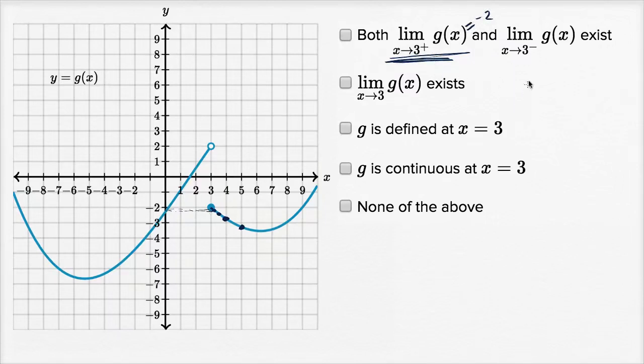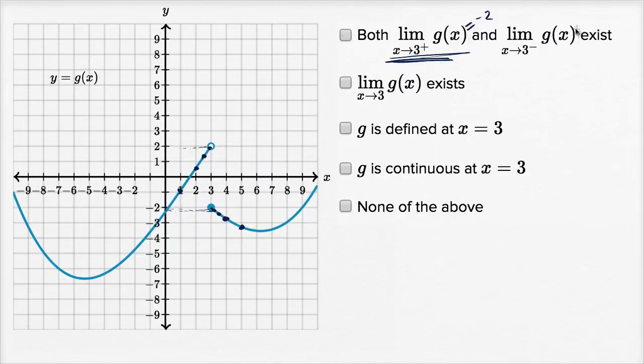And I'll think about it from the left-hand side. I can start here. g of 1 looks like it's a little bit greater than -1. g of 2 is less than 1. g of 2.5 is between 1 and 2. g of 2.9 looks like it's a little bit less than 2. g of 2.99 is getting even closer to 2. g of 2.999999 would be even closer to 2.